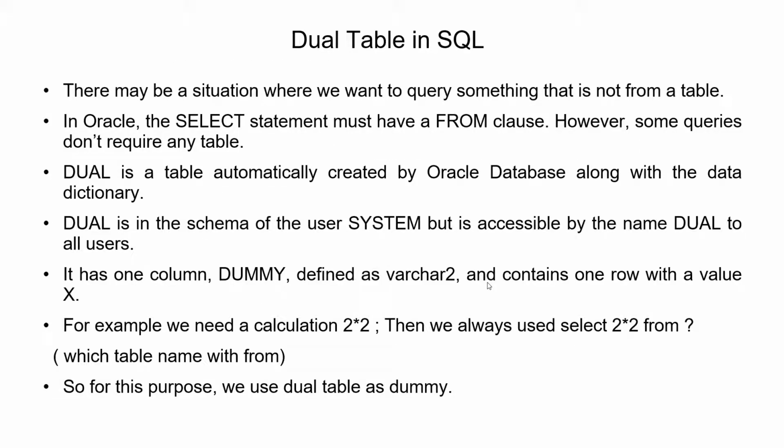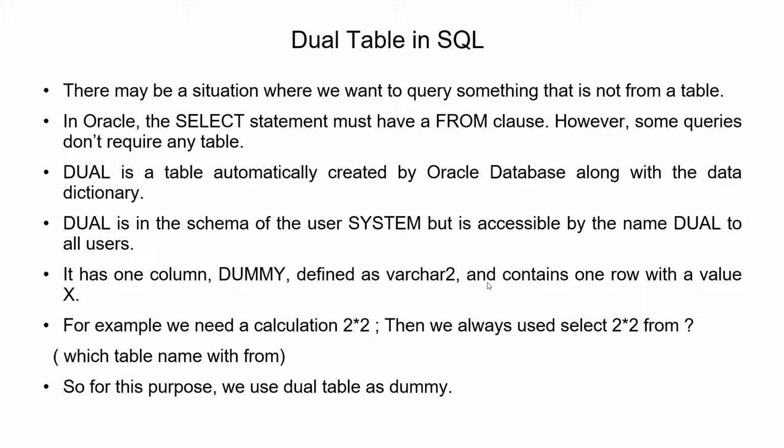Now another concept is there, that is the dual table. This is basically used for executing the SQL function when there is no table present, which is not created by the user. There may be a situation where we want to query or we want to execute something which is not from any table.